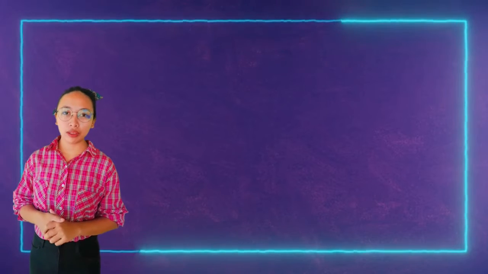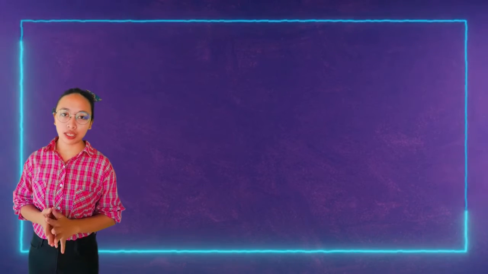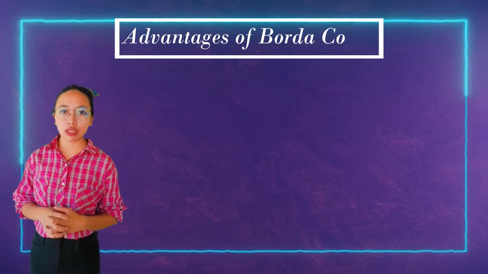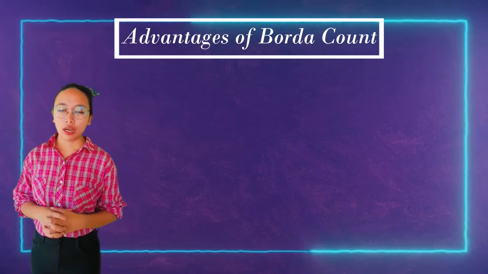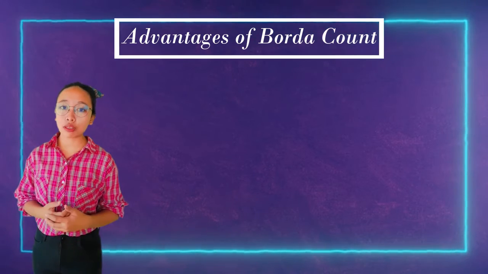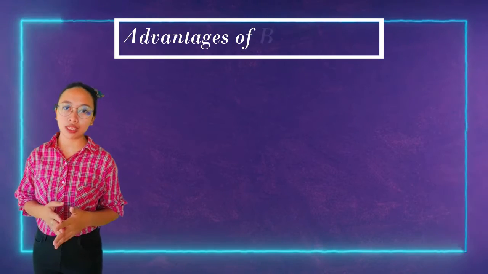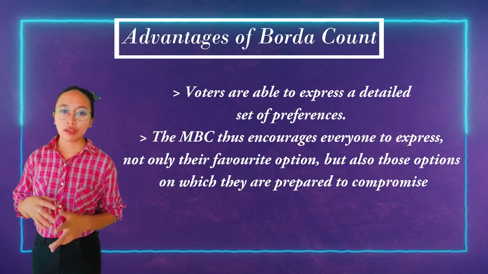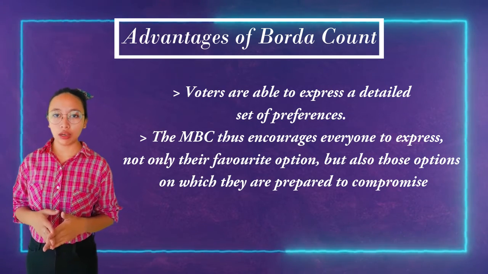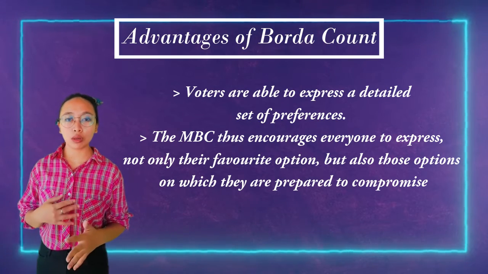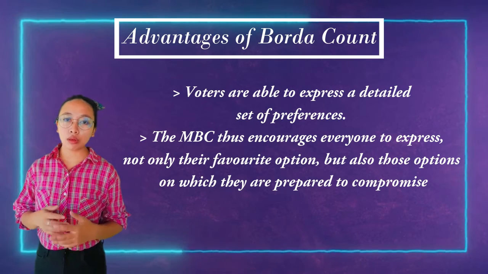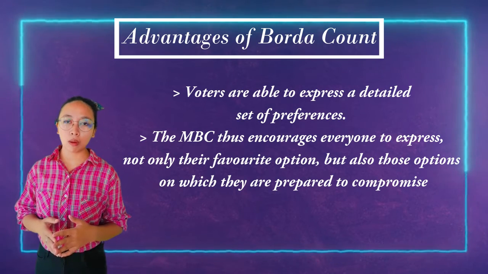Moving forward to identifying the advantages and disadvantages of Borda count. First off, the advantages of Borda count. Voters are able to express a detailed set of preferences. And second, the modified Borda count encourages everyone to express not only their favorite option, but also those options on which they are prepared to compromise.